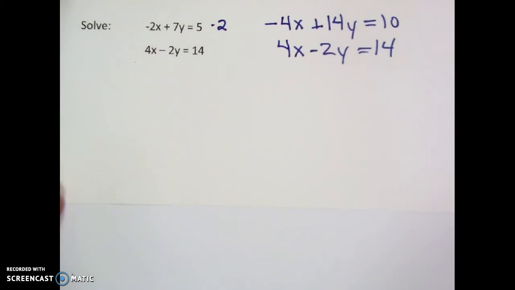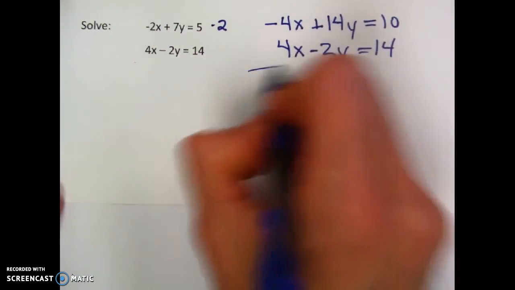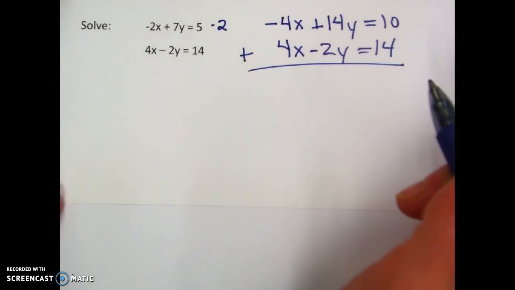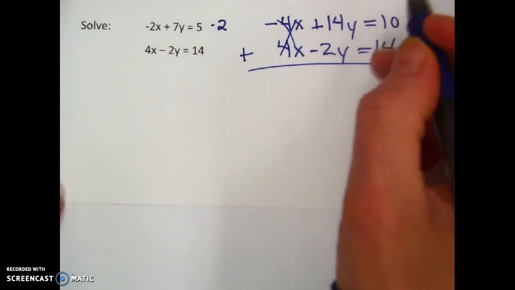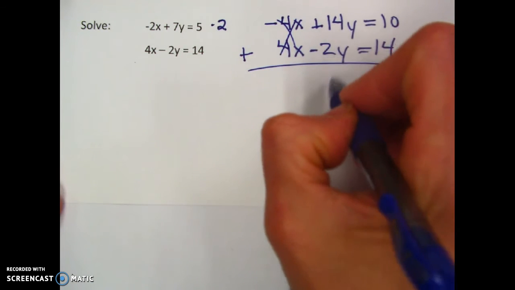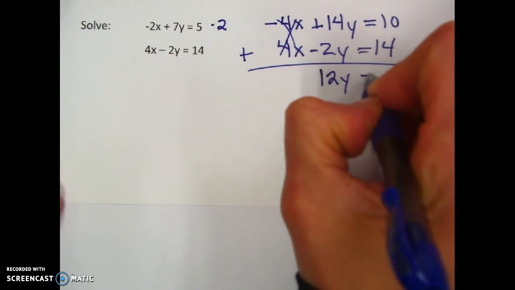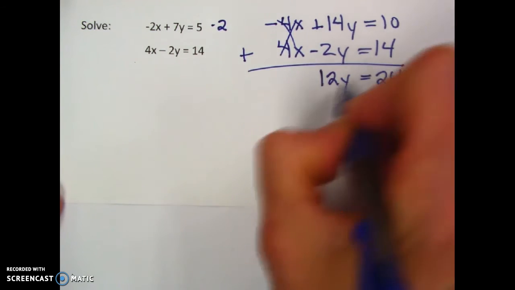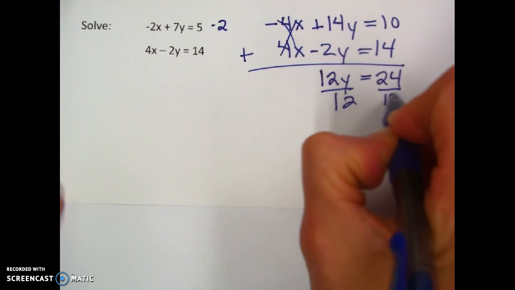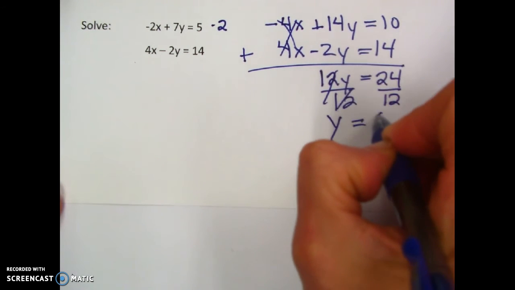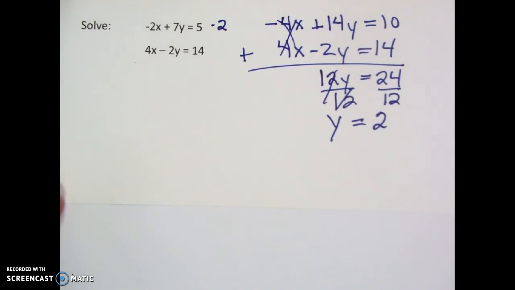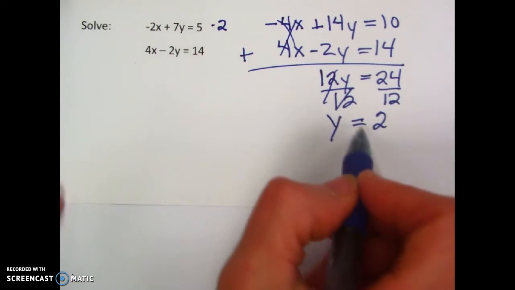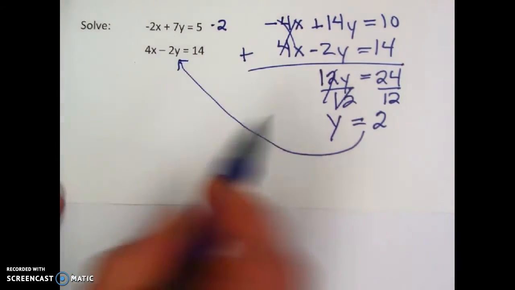Second equation, I'm not going to change. I just copy that over again, because now if I add these two equations, -4x plus 4x is 0. 14y minus 2y is 12y, and over here 10 and 14 is 24. Divide by 12, y equals 2. So if y equals 2, I can come back to either one of these equations, and I'm going to substitute y in as 2.